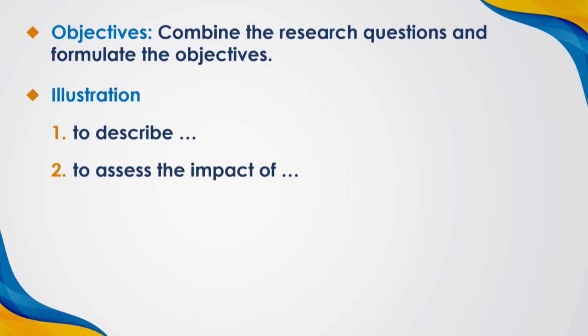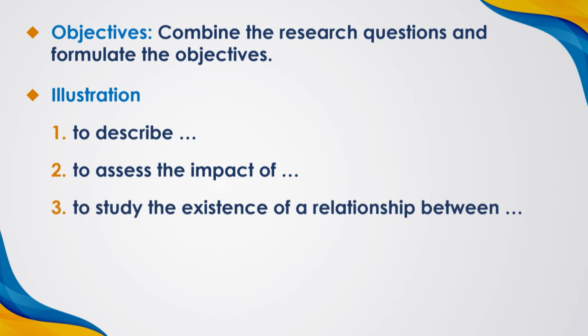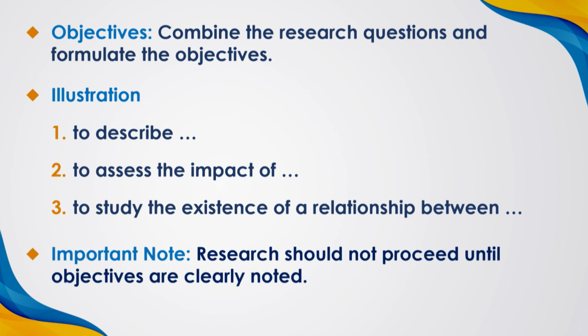In this one, we start with "to" and the purpose is assess the impact of. In the third, to study the existence of relationship between. Important note: researchers should not proceed until the objectives are clearly noted.